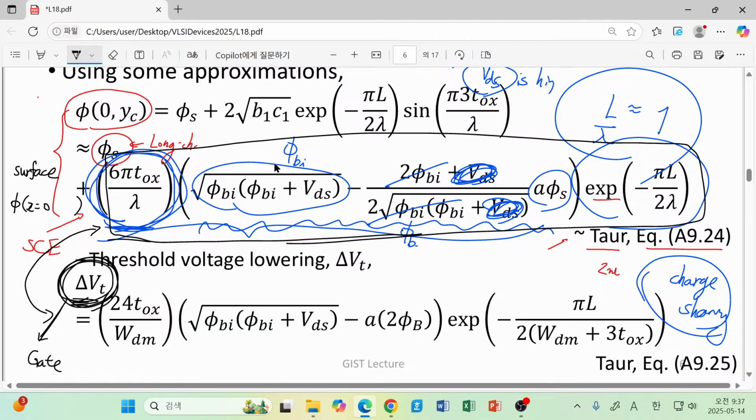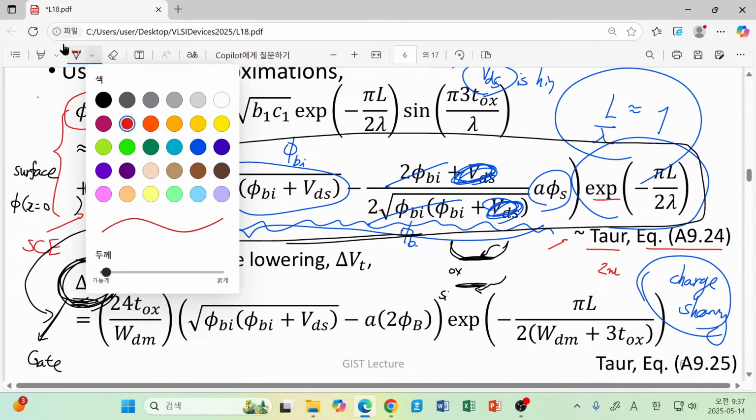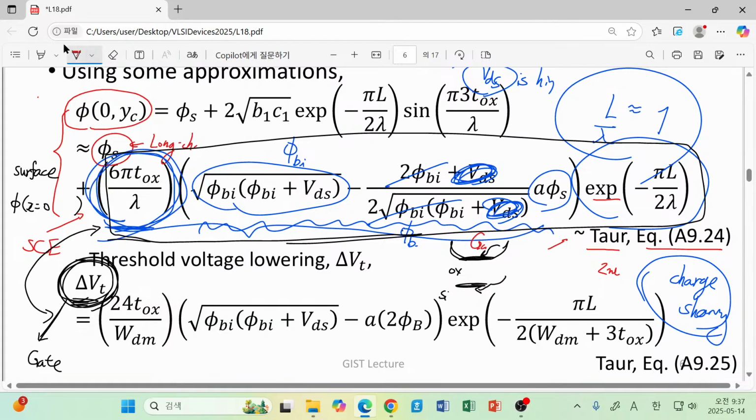They are not the same one. So this threshold voltage is assigned to this gate terminal, and surface potential is the one corresponding to this oxide and silicon interface.